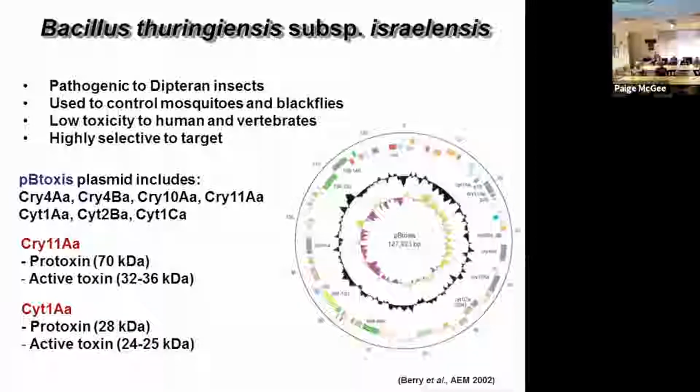But the principal ones which are active are the ones I showed earlier. That is 4A, 4B, 11A, and Cyt1A. I'm working primarily on the Cry11A and Cry4B and the Cyt1A toxin. So the rest of the talk is primarily going to focus on these proteins as such.